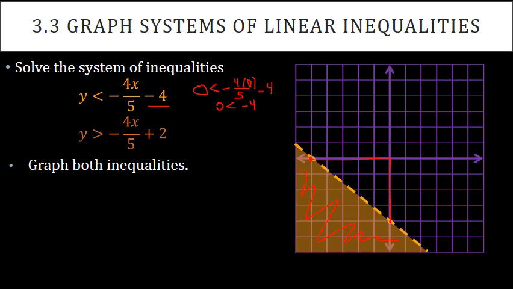The second inequality, the y-intercept is at 2, and our slope is down 4 over 5, and it will be a dotted line because it's not equal to.